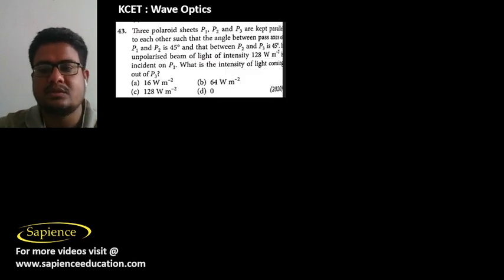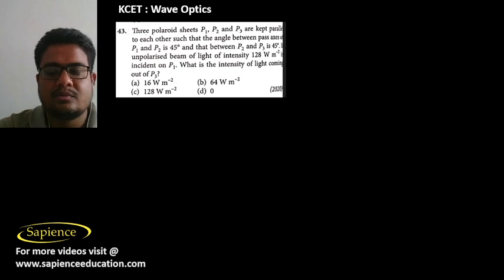And in question number 43, it is told three Polaroid sheets P1, P2 and P3 are kept parallel to each other such that the angle between pass axes of P1 and P2 is 45 degrees and that between P2 and P3 is 45 degrees.